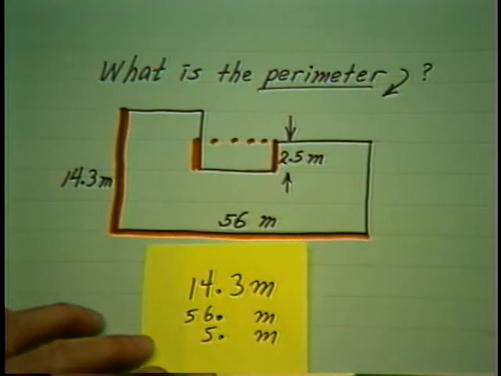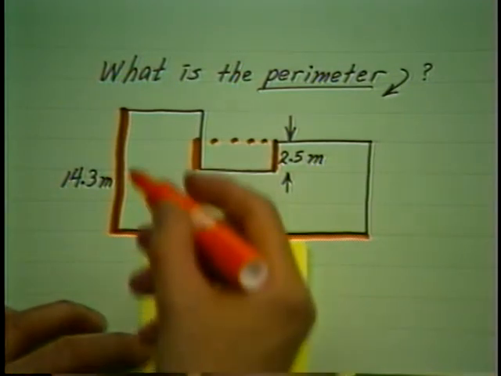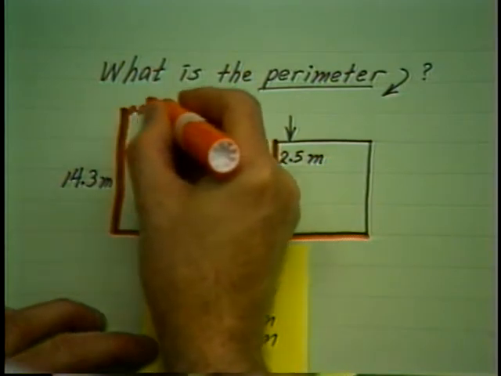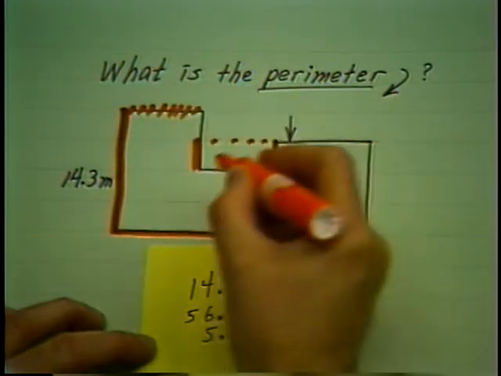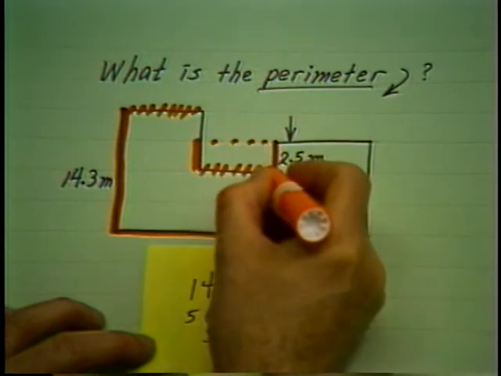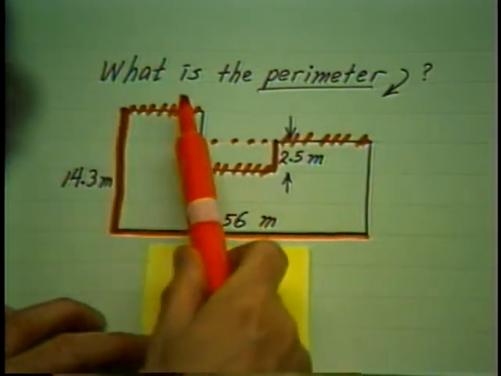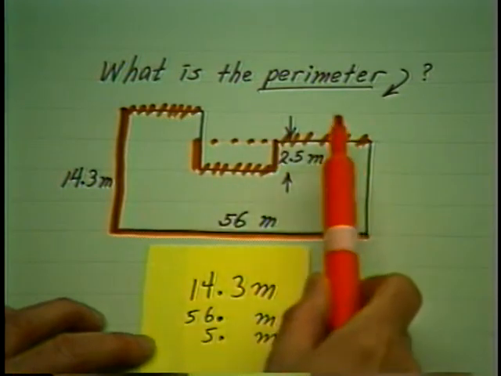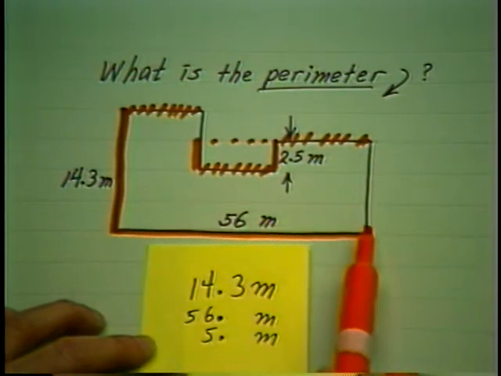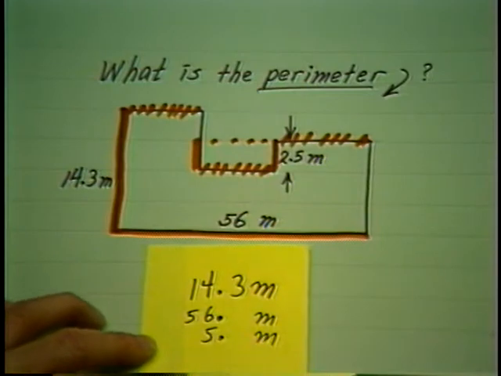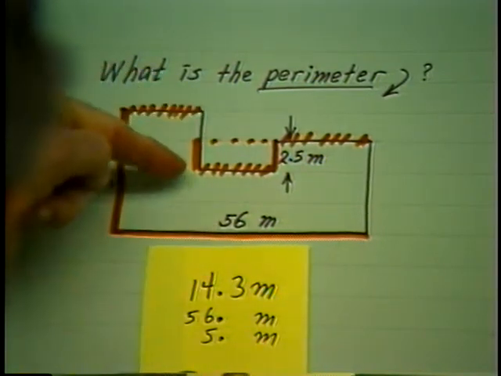But what about the rest of it? They don't tell us anything. Well, here we have to use some common sense. Notice if I take this plus this plus this, that to go there, then there, then there, I have simply gone this length right here, so that gives me another 56 meters.